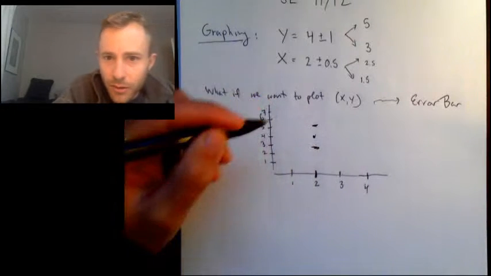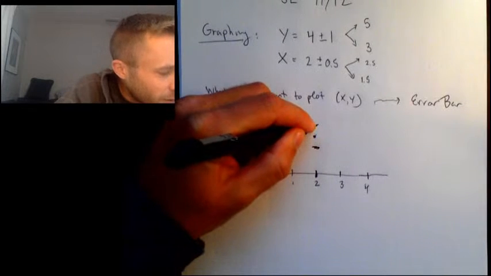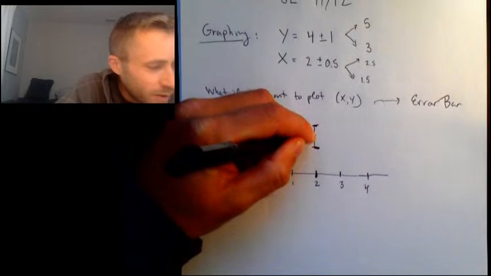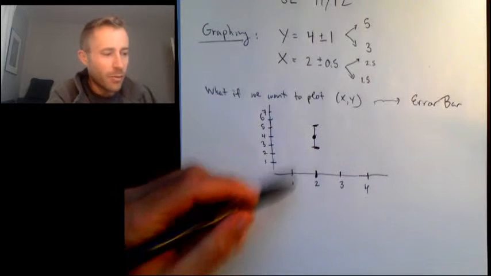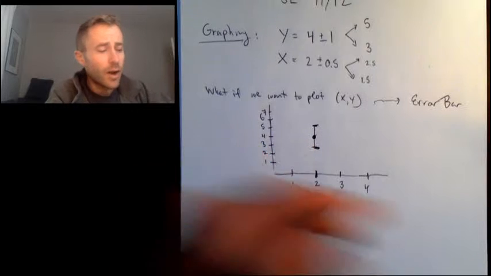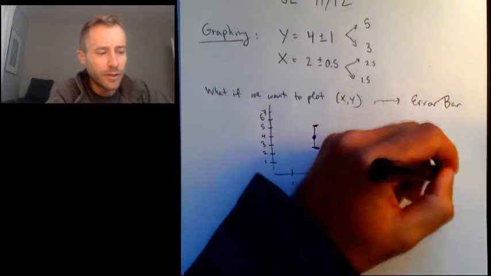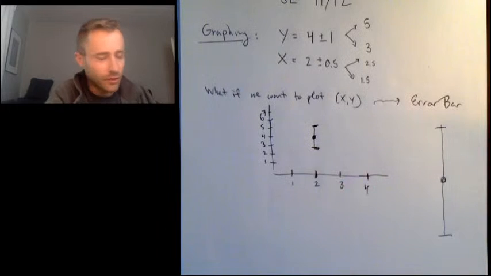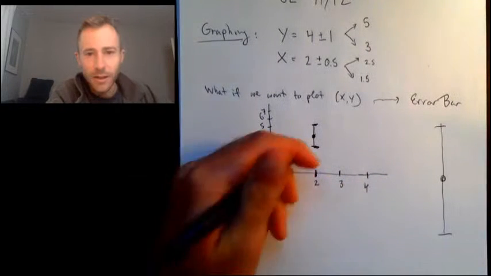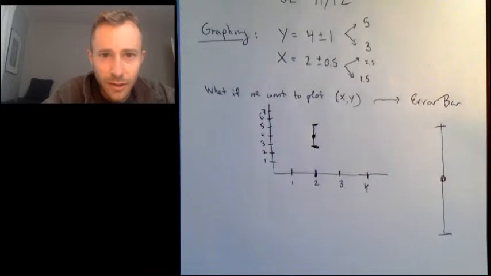I'll put little lines there and connect them with a TIE fighter. Kind of looks like a TIE fighter to me. So this is called the error bar. Obviously the more uncertain a point is, the taller its error bar is. This is a really uncertain point. This is a point that is not as uncertain.